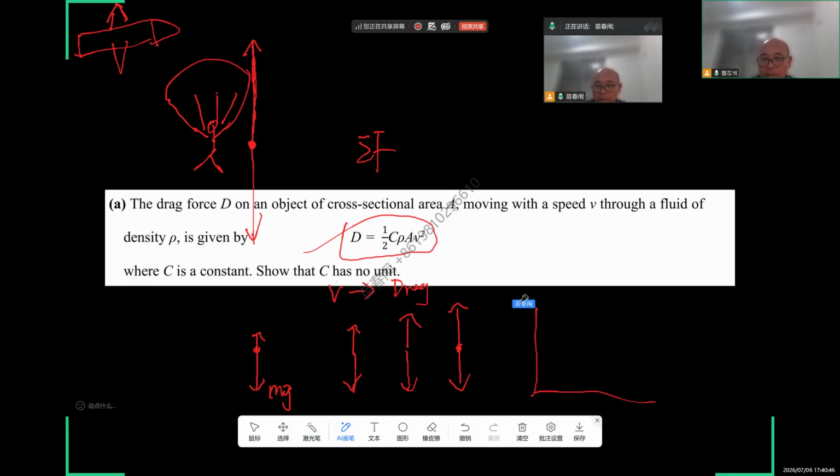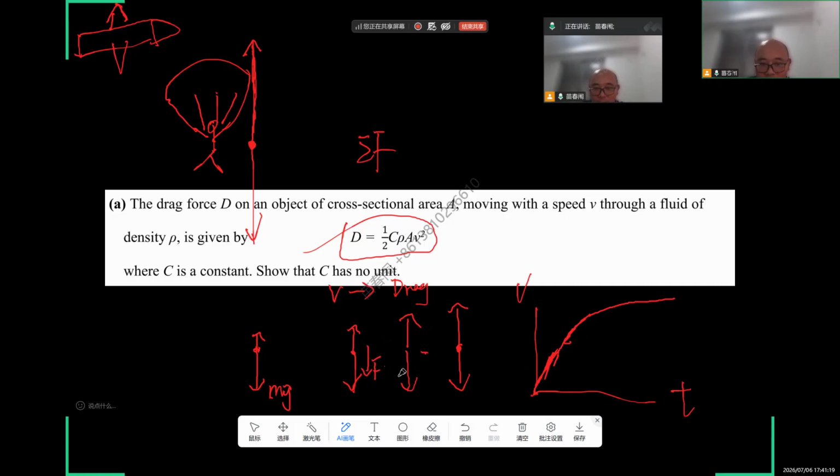The velocity-time graph will look something like this, right? Your speed is getting faster and faster, but in the beginning, because the air resistance is small, it's kind of linear in this situation. Then when it flattens out, it's because the drag is increasing, so the resultant force is decreasing.